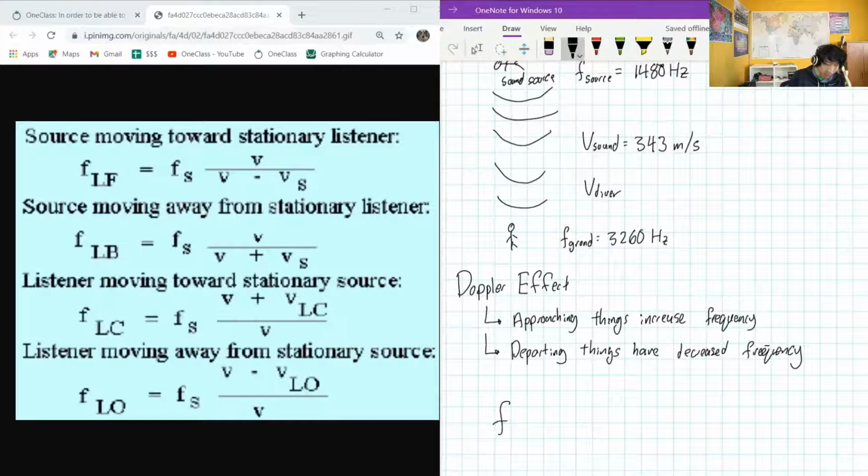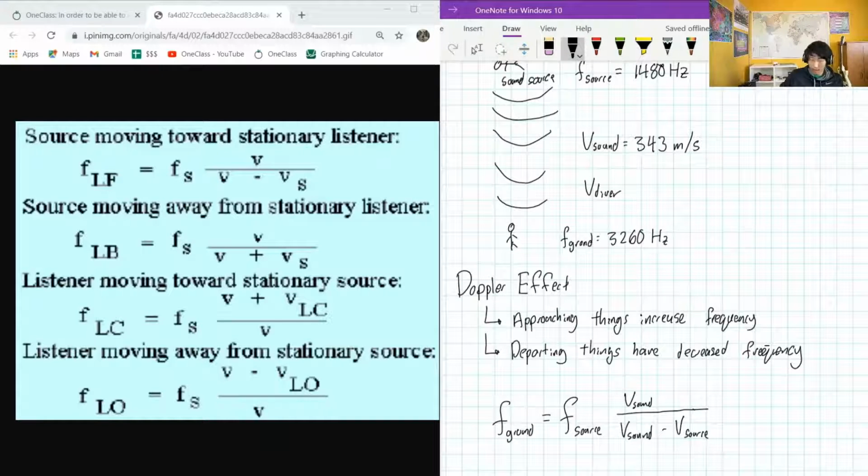So we have F ground, so that's the observer, is equal to F source multiplied by the velocity of sound over the velocity of sound minus the velocity of source.